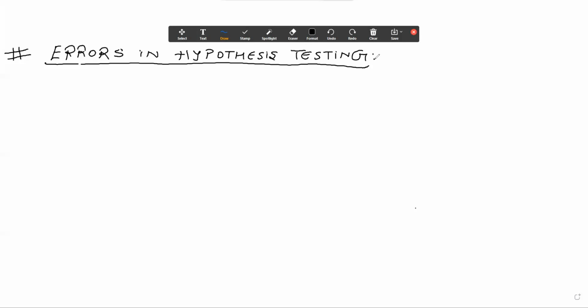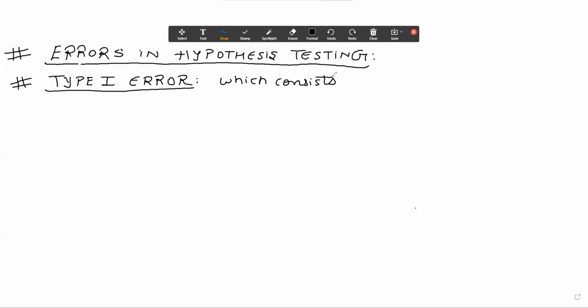Now, in the last lecture, we were discussing that there are two types of errors which we make in hypothesis testing. One is called the type 1 error, which consists of rejecting the null hypothesis when it is actually true.